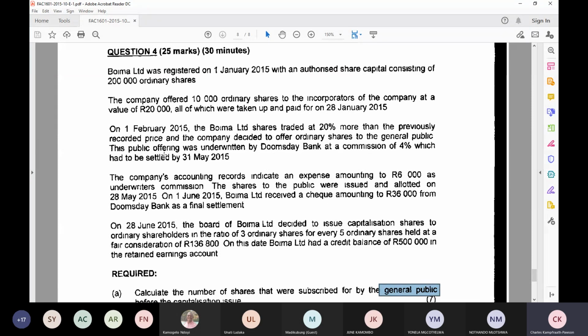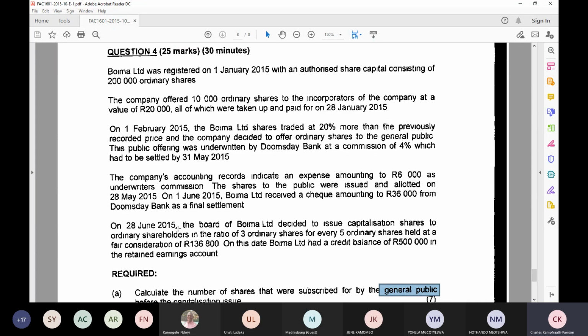This public offering was underwritten by Doomsday Bank at a commission of 4%, which had to be settled by the 31st of May 2015. The company's accounting records indicate an expense amounting to 6,000 as underwriter's commission. The shares to the public were issued and allotted on 28 May 2015. On the 1st of June 2015, BOMA Limited received a check amounting to 36,000 from Doomsday Bank as a final settlement.